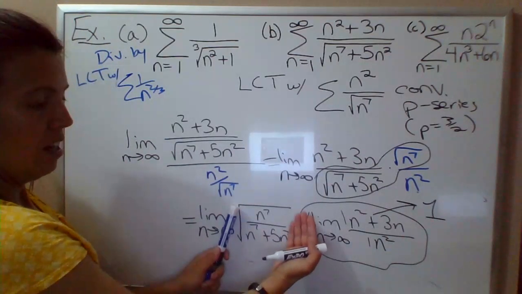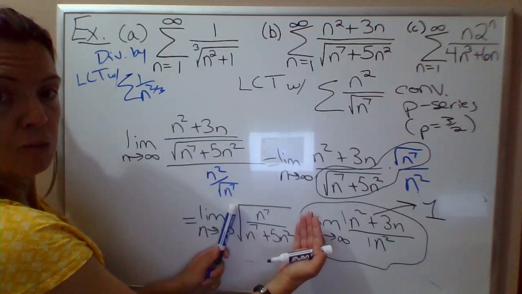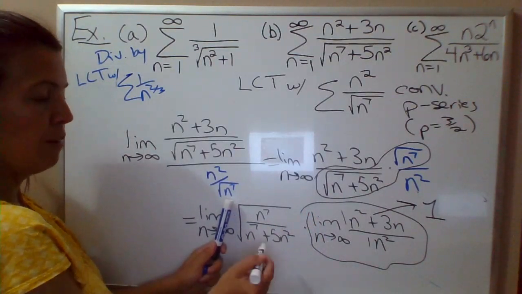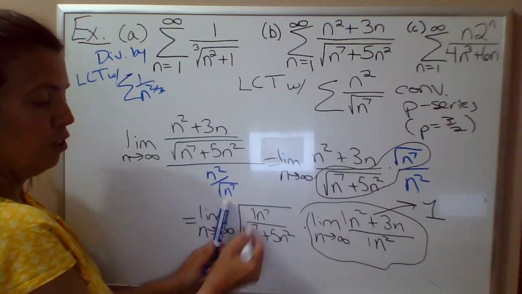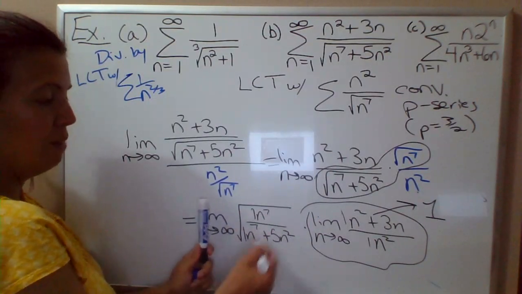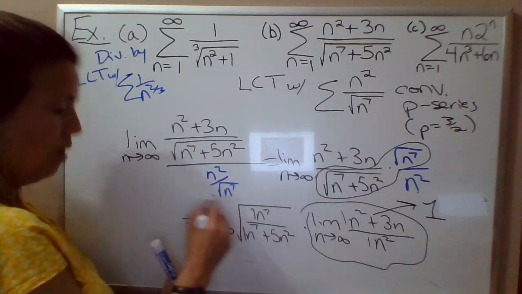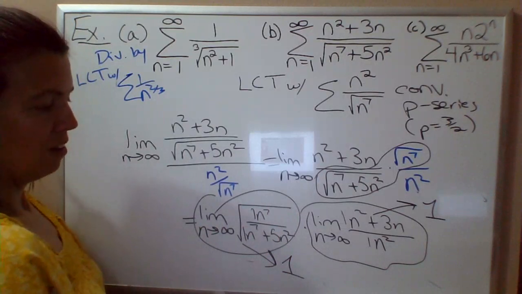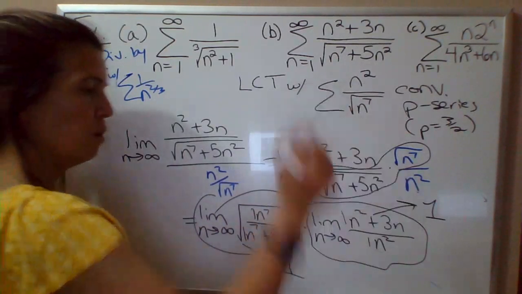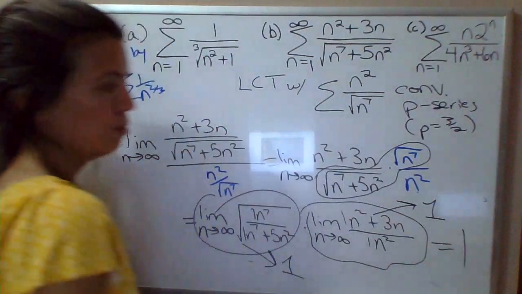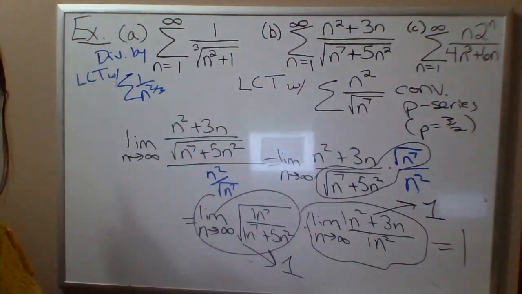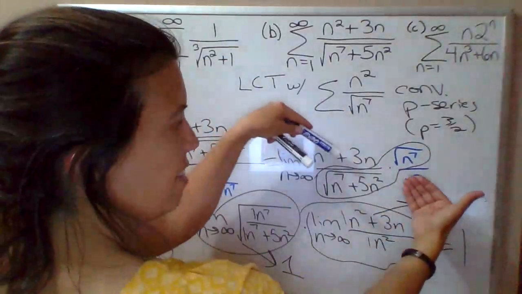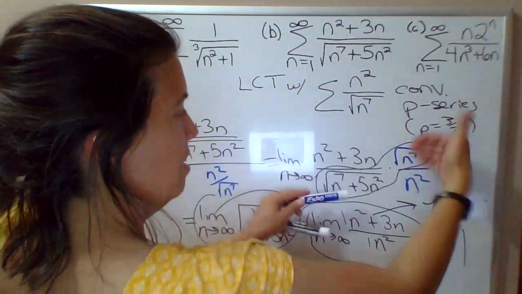The limit of this rational expression underneath, again same degree numerator and denominator, is the ratio of the leading coefficients, 1 over 1. So the limit in here is 1, and the square root of 1 is 1. So this limit is also approaching 1. So overall I have 1 times 1. This limit's approaching 1.